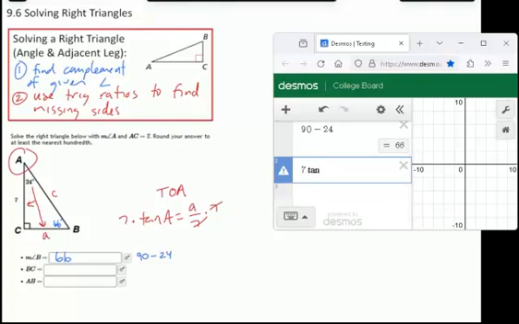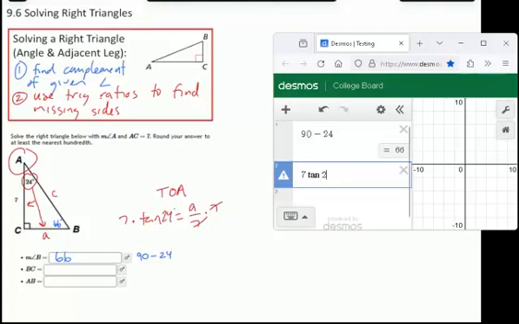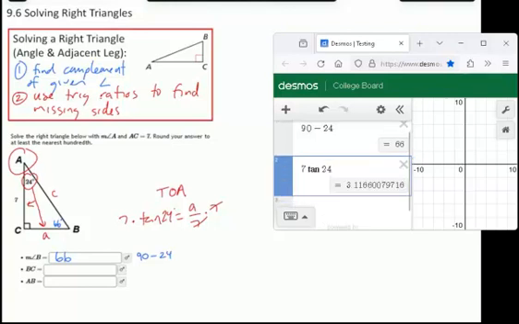Oops, my A value, I actually have it. It's not A here, it's 24. So the tangent of 24 degrees, and then I multiply that by the 7, and I get my value here for a to be 3.12. So a, which is BC, is 3.12.